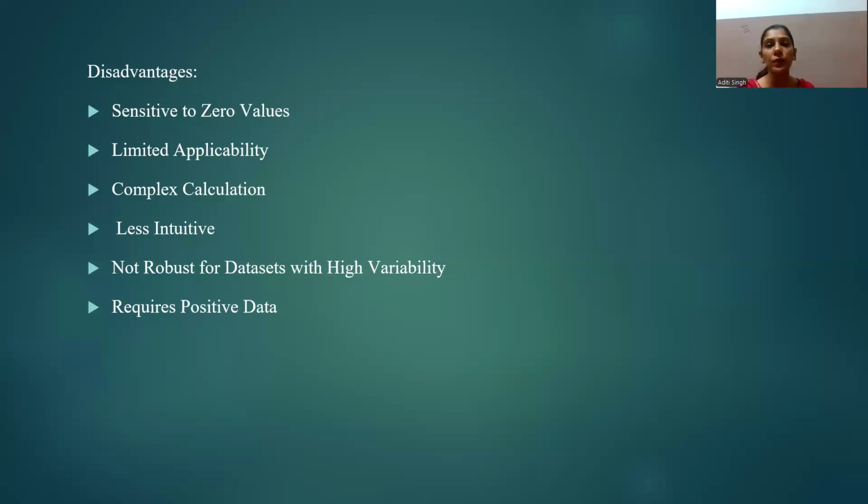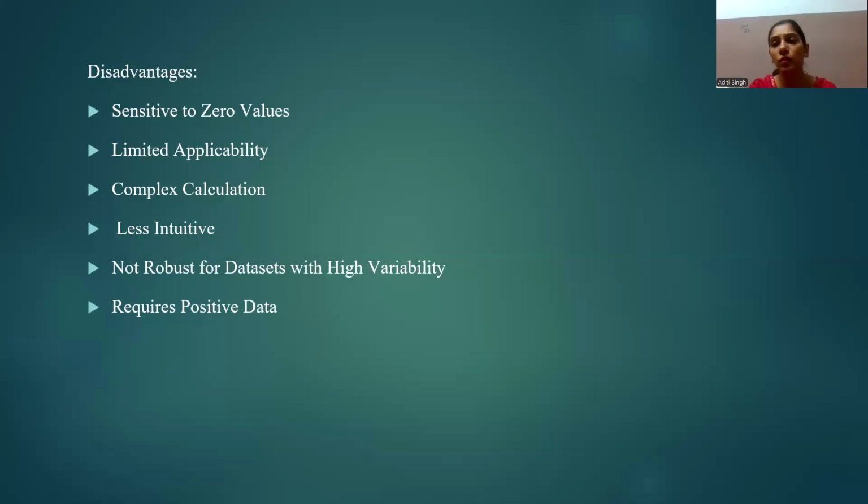So the harmonic mean can only be applied to positive numbers. Negative values or values including zero are incompatible with the calculation. So for financial metrics that can take negative values, harmonic mean is not applicable. So these are some disadvantages of harmonic mean.